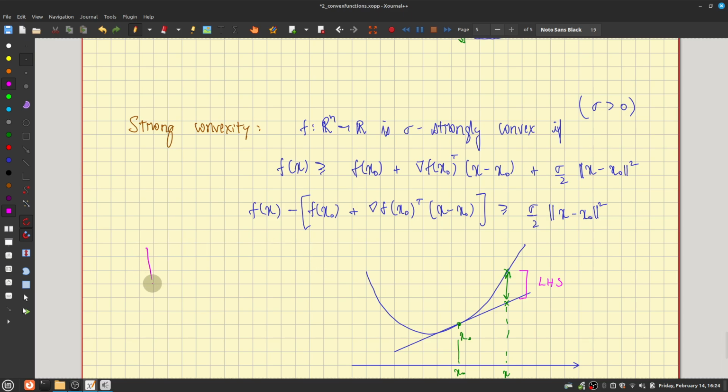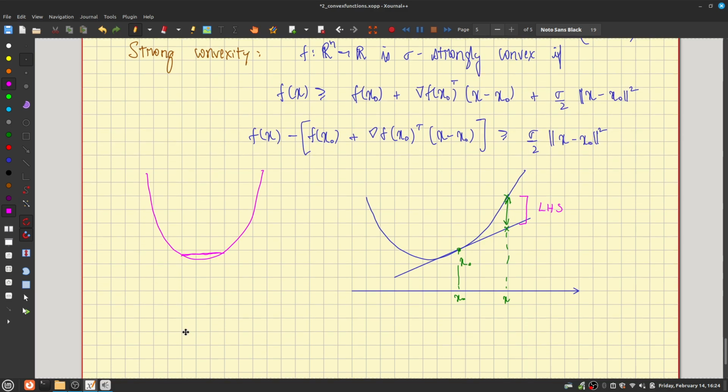You can cook up very simple examples. For instance, you just take the quadratic function. The quadratic function is strongly convex, right? But let's say I clip the bottom part of this quadratic to make it flat.